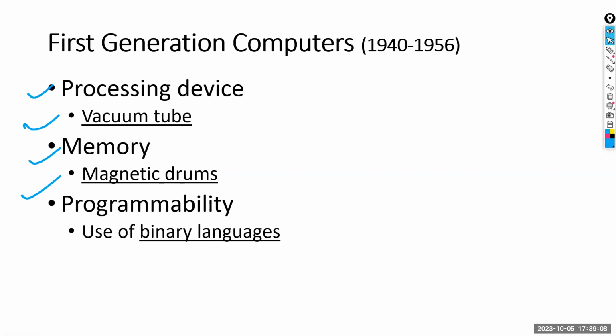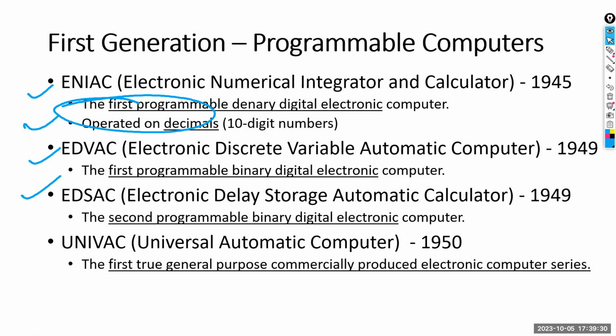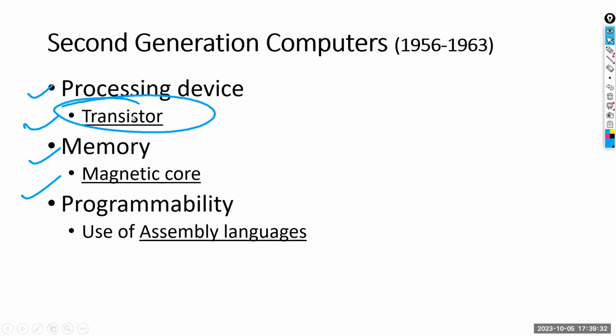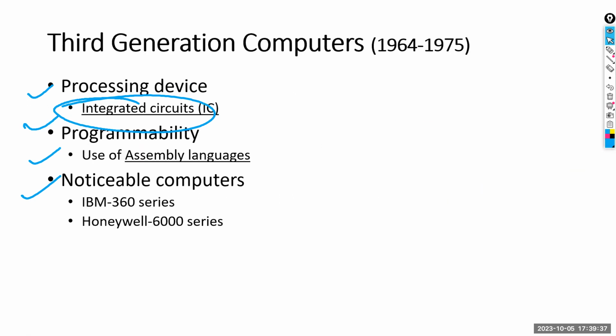In first generation electronic computers, the processing device or the logic gate was built using vacuum tubes. That is the one you have to remember. Okay, vacuum tube. I will show you pictures next. Second generation computers, it was transistors. Third generation computers, it is the IC or integrated circuit.